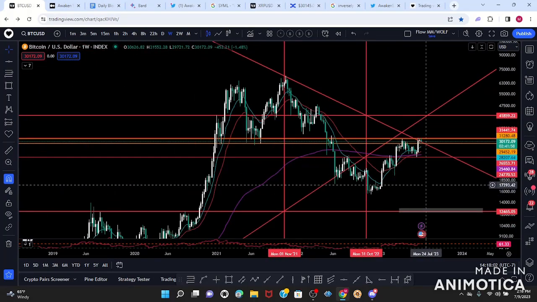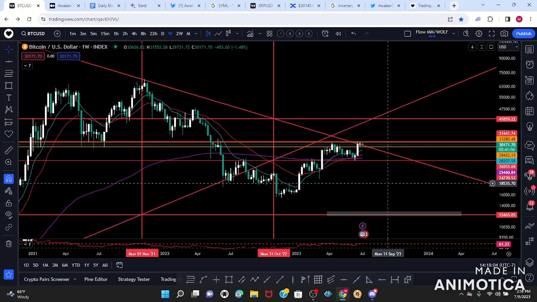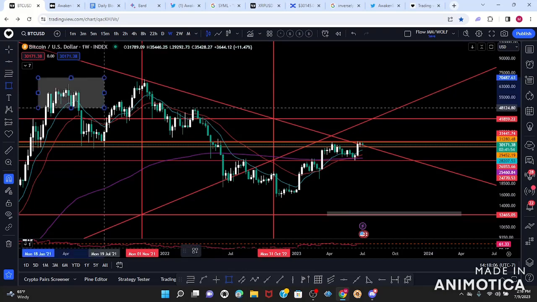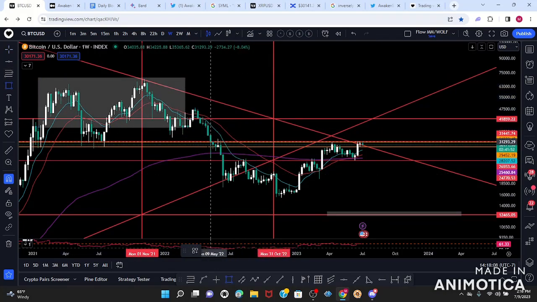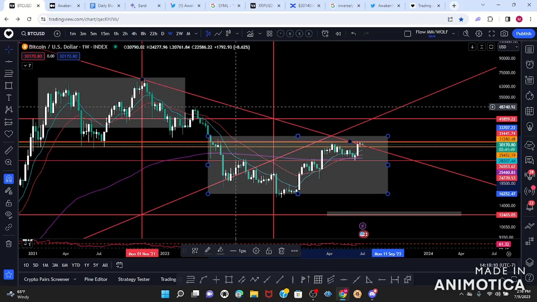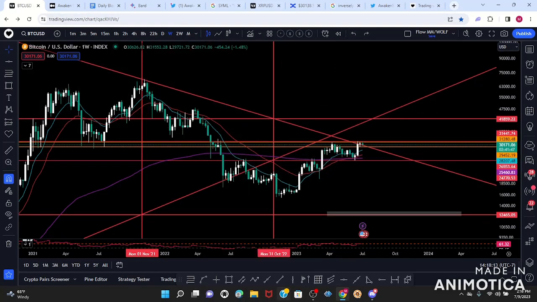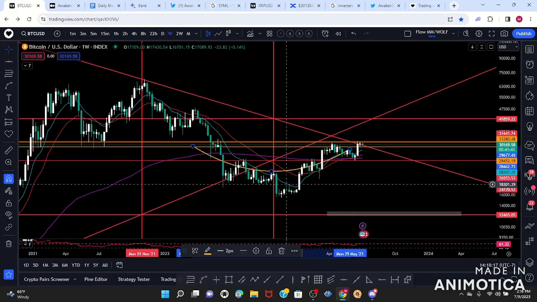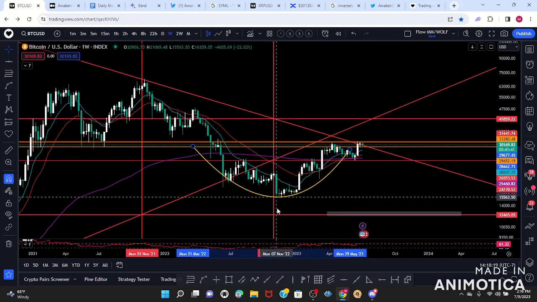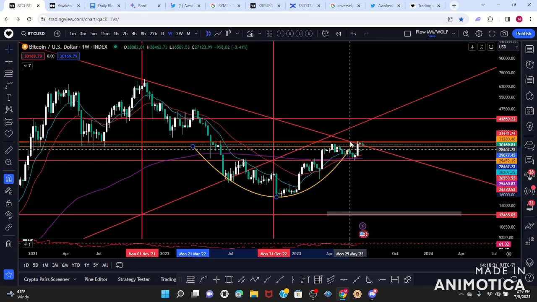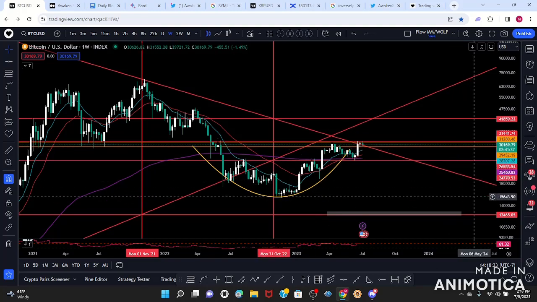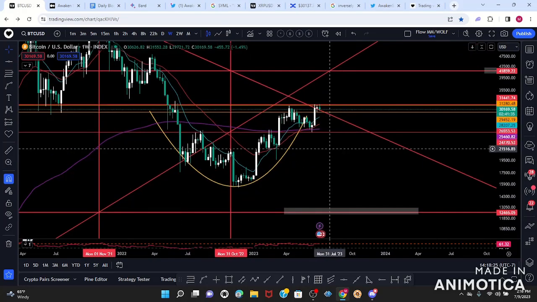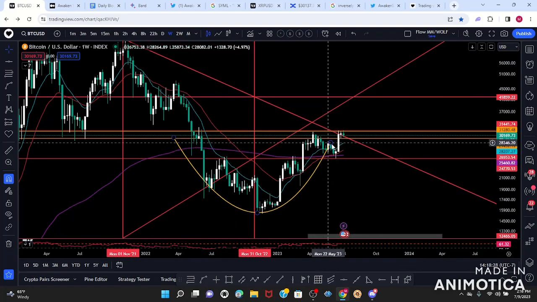When it comes to the weekly, I want you to focus on your contraction phases. This is one contraction phase. This is another contraction phase. So what is our contraction phase doing right now? I've seen this being drawn a lot, and it's definitely a possibility of a cup. Me personally, I think it is. It could definitely be a cup here, but this doesn't make sense.